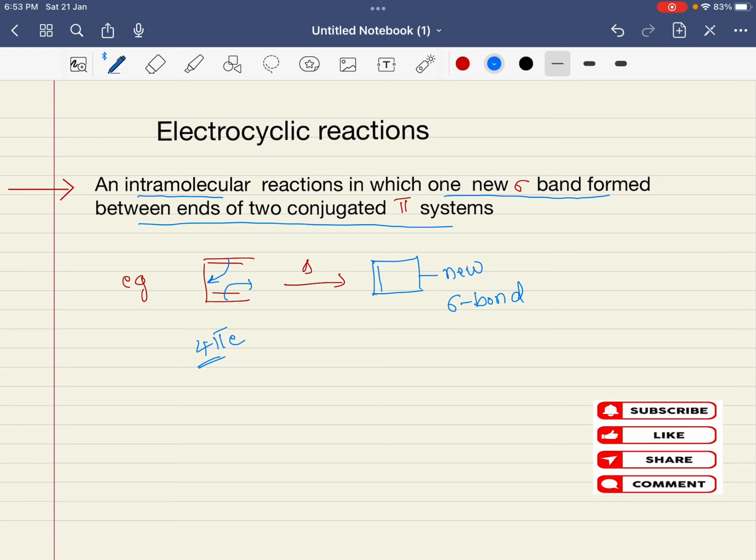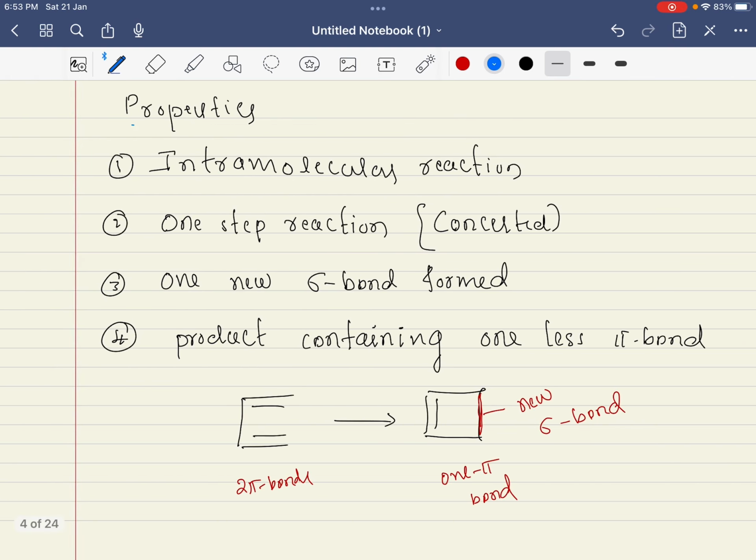Next we'll see the properties of electrocyclic reactions. First thing is these are intramolecular reactions. Second property is these are one-step reactions. This one-step reaction is also called a concerted reaction. In an electrocyclic reaction, there will be formation of one new sigma bond.